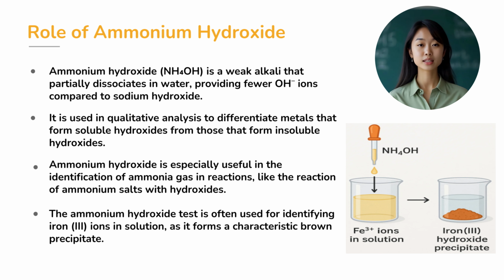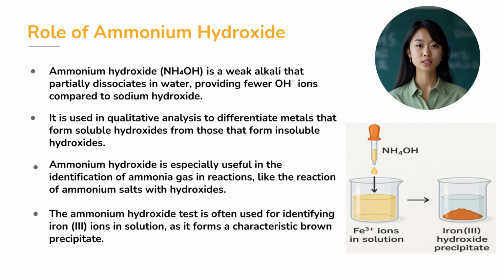One of the unique things about ammonium hydroxide is that it can help us differentiate between different types of metal ions. For example, when ammonium hydroxide is added to a solution containing iron ions, it forms a characteristic brown precipitate of iron hydroxide. This is a clue to the presence of iron in the solution.